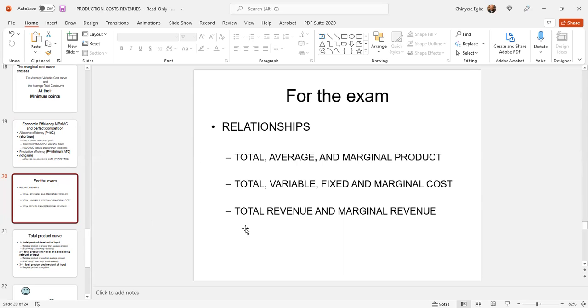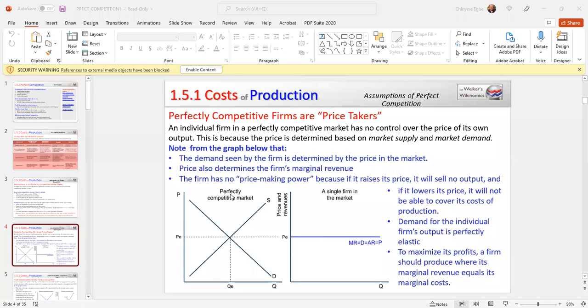Now, this brings us to what happens in the market. When you go to the market system, there are three kinds of major market structures.